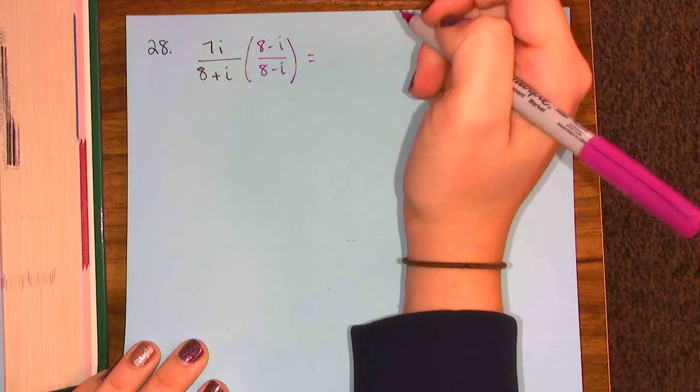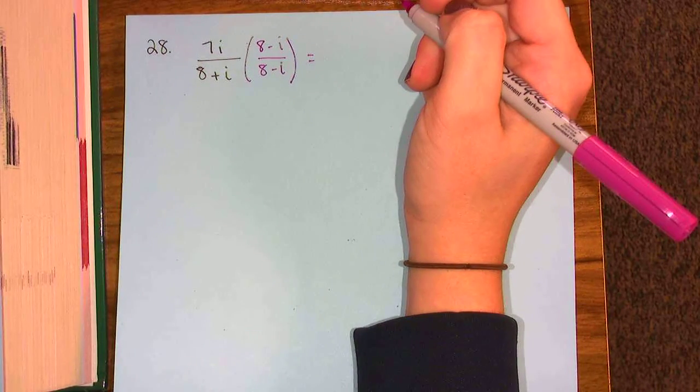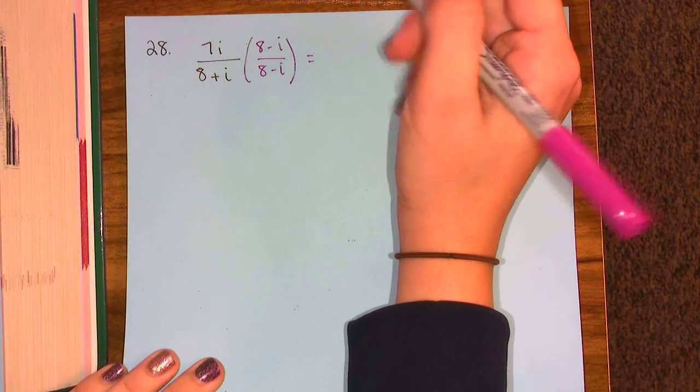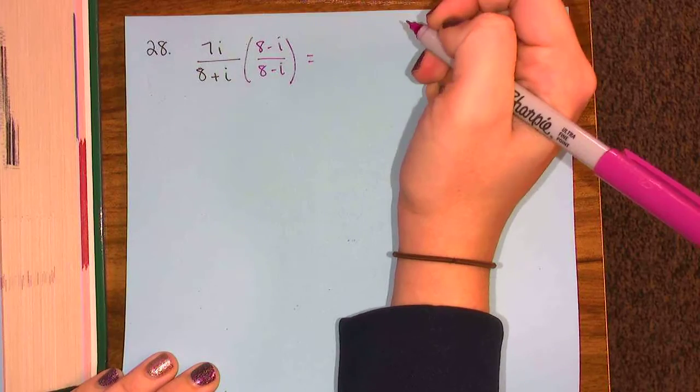So you're basically foiling the bottom because you don't want i's left on the bottom, and then on the top you're distributing. So what does that give me on top?